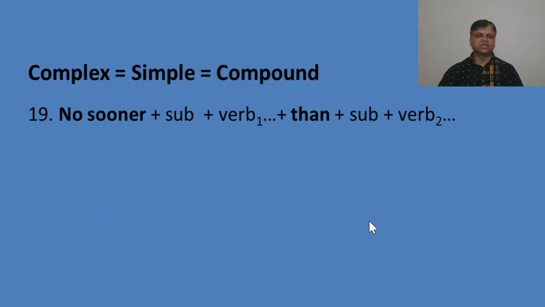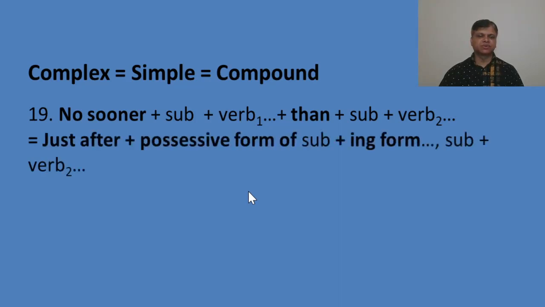Now 19th rule. If a complex sentence contains no sooner, how can we make it a simple one? Follow the structure of a simple sentence.